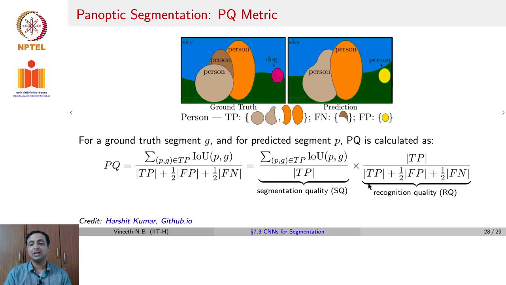And the second part gives the recognition quality, as to among all of your possible segments, how many of them did we get as true positive. So you have a part of it that checks for segmentation quality and a part of it that checks for recognition quality, and that is why this metric becomes useful for panoptic segmentation.